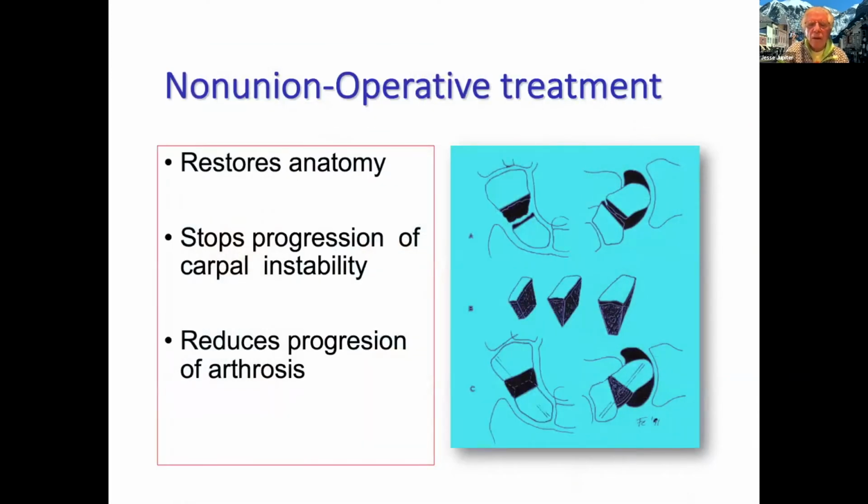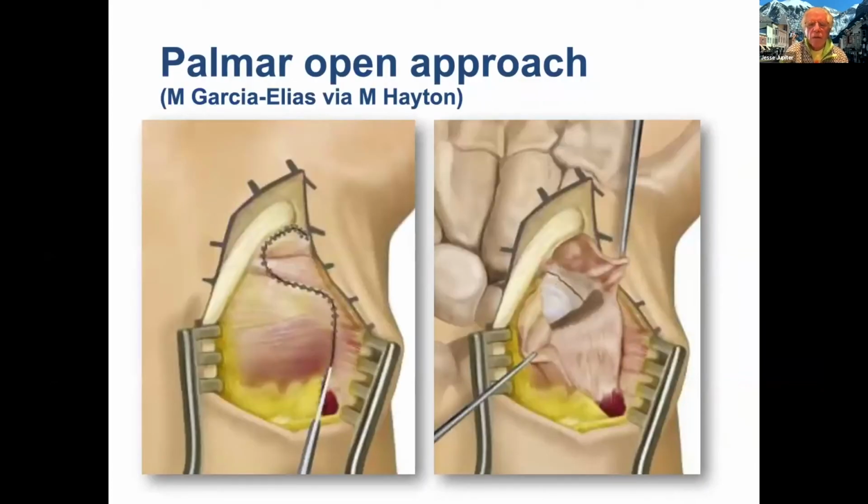The advantage of this is that you not only are restoring the anatomy, but hopefully realigning the carpal kinematics and maybe slowing down the progression of osteoarthritis. The standard approach in many books has you paralleling the flexor carpi radialis and cutting straight across the volar radioscaphocapitate ligaments.